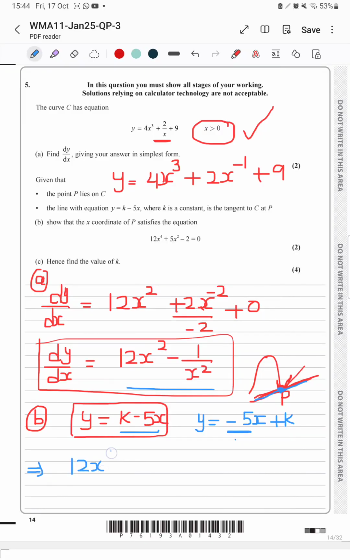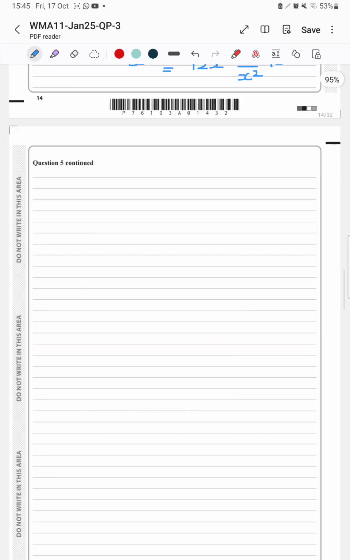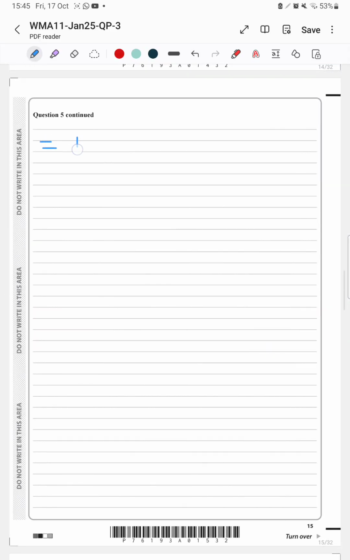So 12x squared minus 2 over x squared is equal to negative 5. If you want, you can bring all the terms on one side, so it will be 12x squared minus 2 over x squared plus 5 is equal to 0. From here I can remove the x squared which is in the fraction form, so I can multiply this whole equation by x squared.